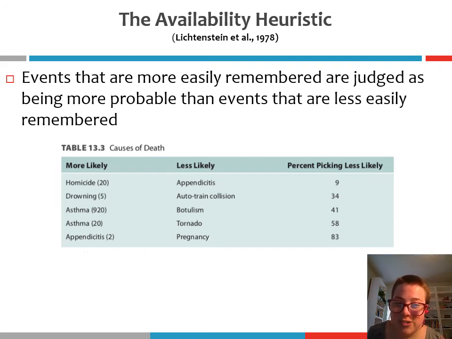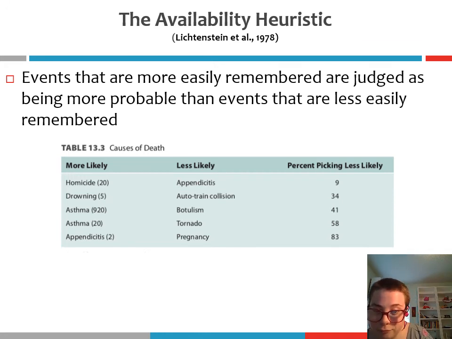So anybody who dies in a tornado or of botulism or in any kind of motor vehicle accident, that's probably going to show up on the news, right? So what that means is that we can think quite easily of examples of people dying in tornadoes, right? Because we've been sort of inundated with that in the news media, right?